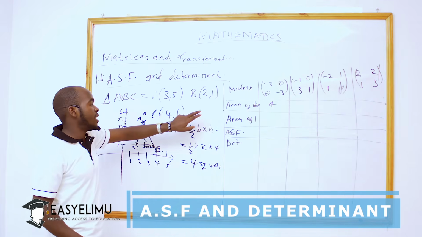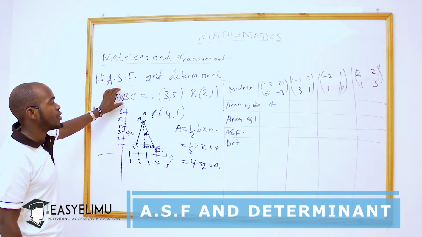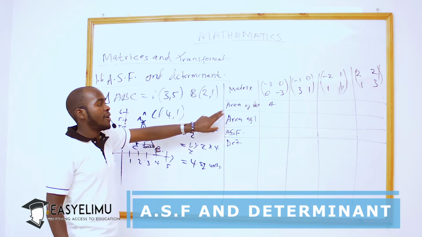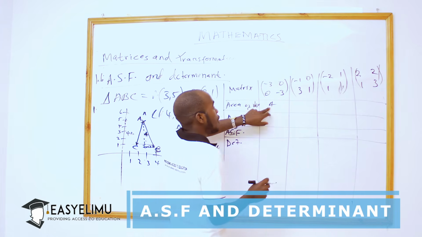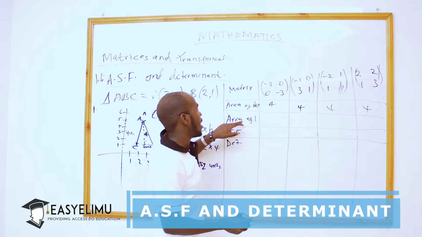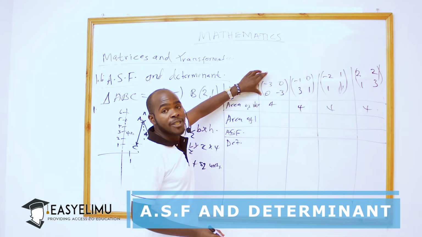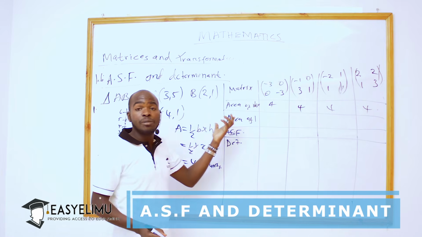If the object is triangle ABC with the vertices (3, 5), (2, 1) and (4, 1), we shall find that the area of the object will remain the same, that is 4. But the area of the image will change according to which transformation the triangle is subjected to.